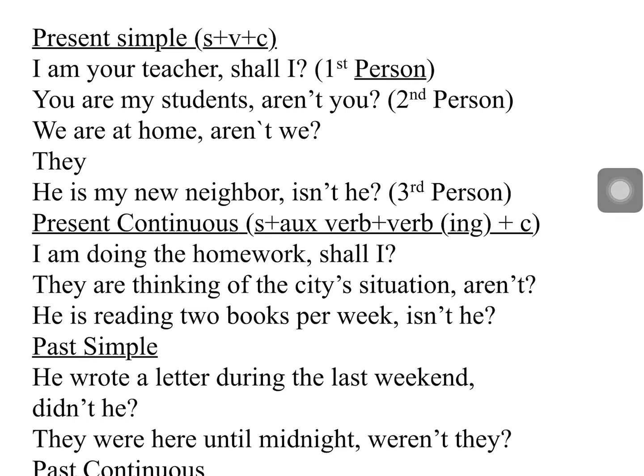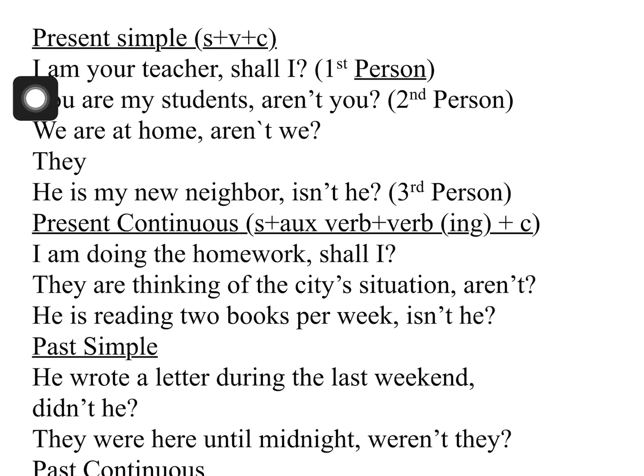So in order to remember this, like a structure, to make it easier to write something in present simple, we have to use the subject, like I, you, we, they, the verb that is the action, or the word that develops the action, and the complement that is the rest of the sentence. For example, we say here, I am your teacher. Shall I?